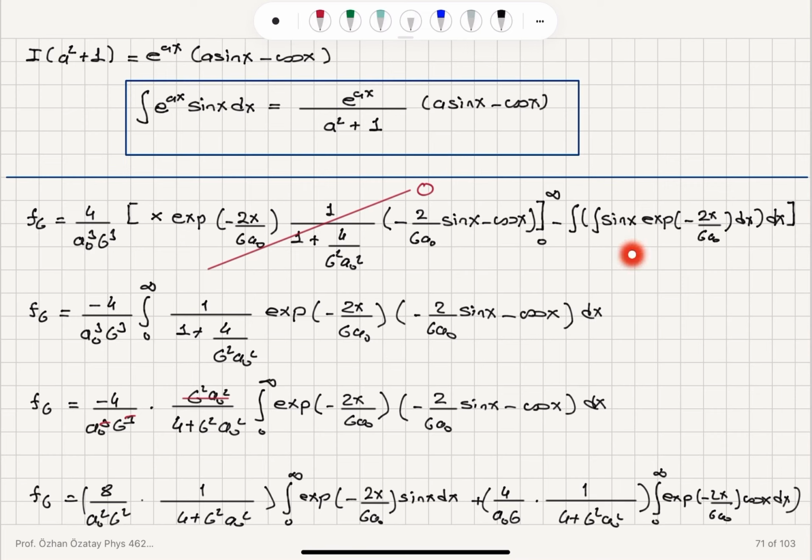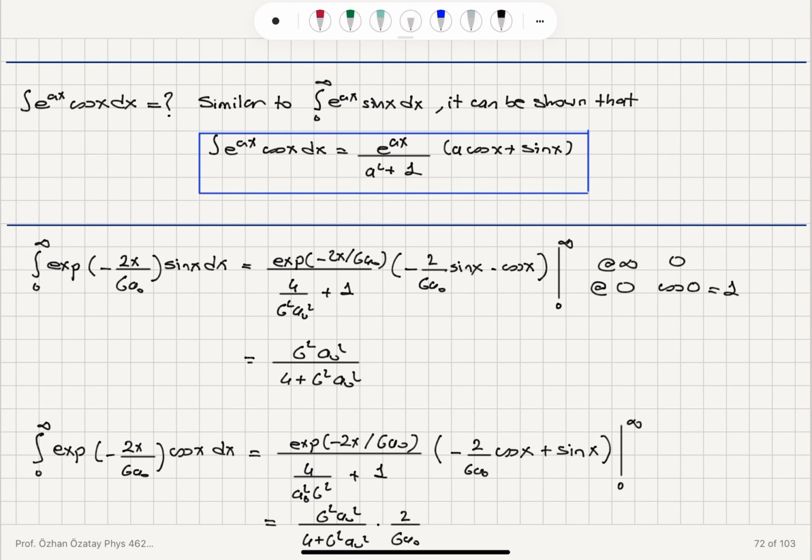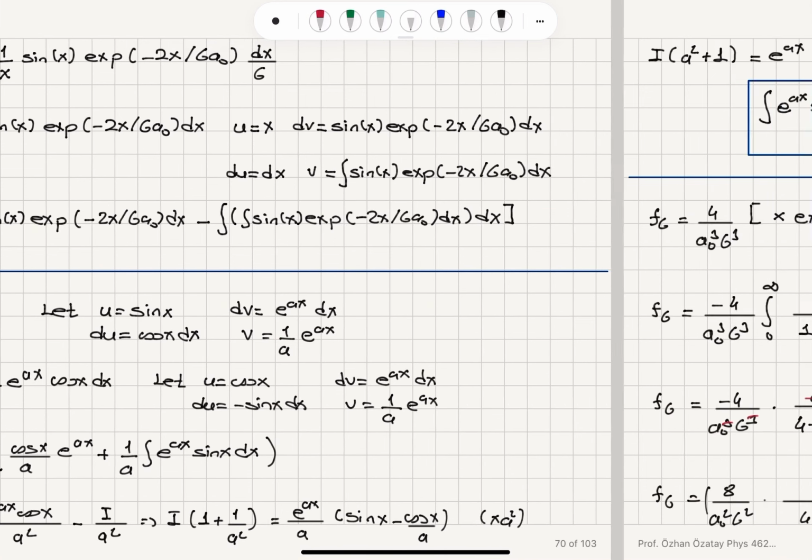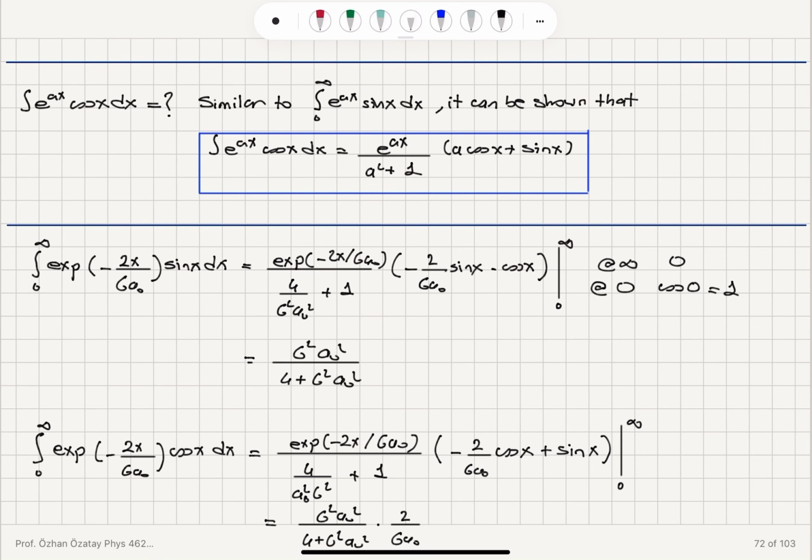So for that, integral of sine x exponential minus 2x over G A0 dx, we substitute this result, and we basically see that the atomic form factor has two integrals in it, the sine version and the cosine version. If you perform the same task doing integration by parts twice for the cosine version, you obtain e to the ax over a squared plus 1, a cosine x plus sine x.